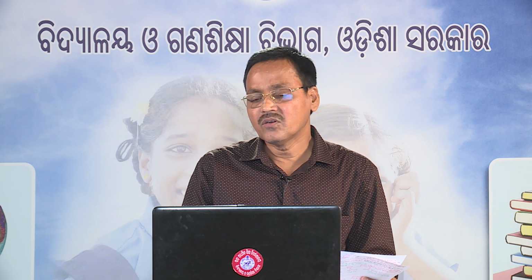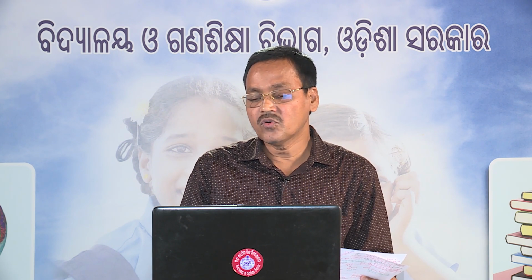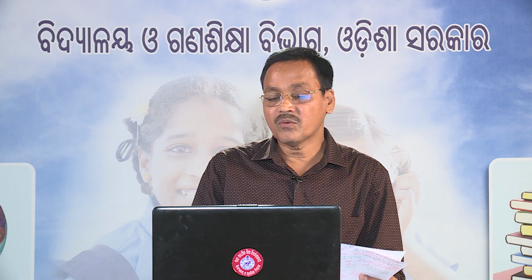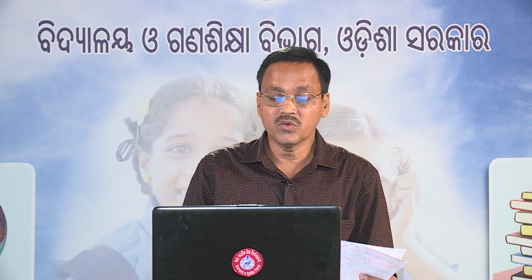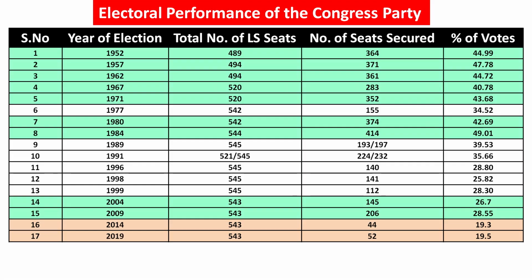In 1991, the Congress secured 224 seats out of 521, because at that time there was no election in two important states, Assam and Punjab. Subsequently it increased its tally to 244 seats, because of the assassination of Rajiv Gandhi in the 1991 election.